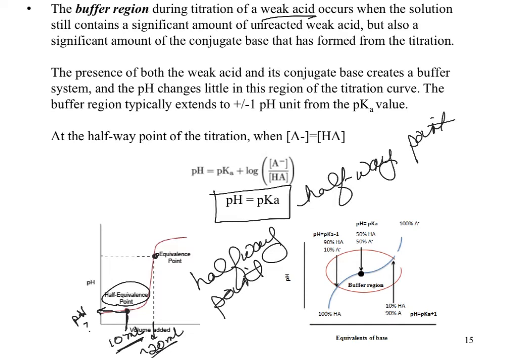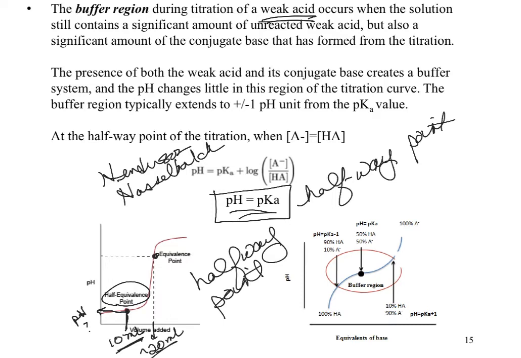All right, why is pH equal to pKa at the halfway point? Let's look at the Henderson-Hasselbalch equation. Now, as I will explain in a minute, this is only for titration of a weak acid. During the titration, before the equivalence point, you actually have created a buffer.